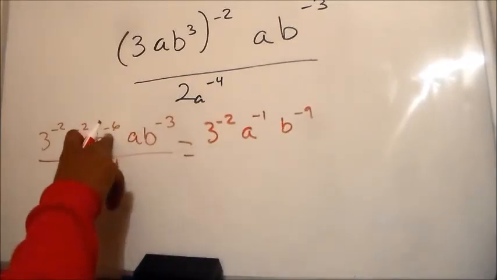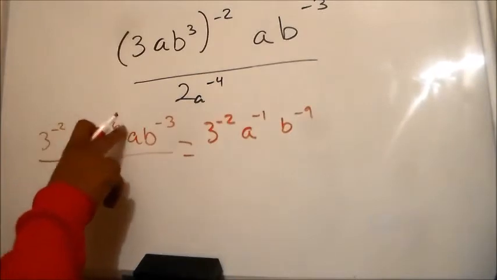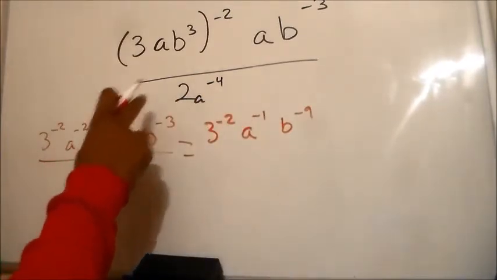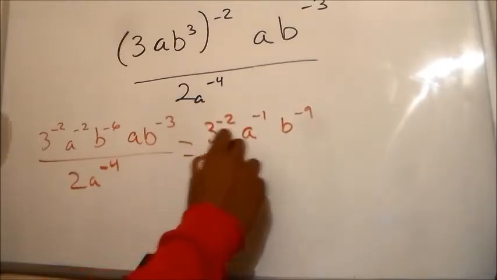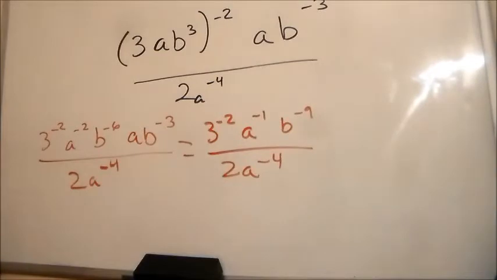So these are added, negative 6 plus negative 3, it's negative 9. Negative 2 plus negative 1, negative 2 plus positive 1, it's going to be negative 1. And this is still going to be over 2A minus 4.